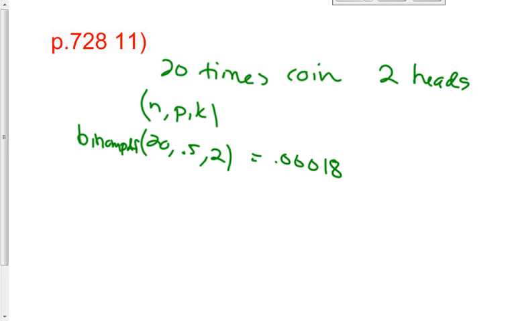The answer is .00018. It probably shows up as an E number on your calculator, 1.8 E negative 4. Remember, E is your calculator's way of saying times 10 to the. So move your decimal over, .00018.